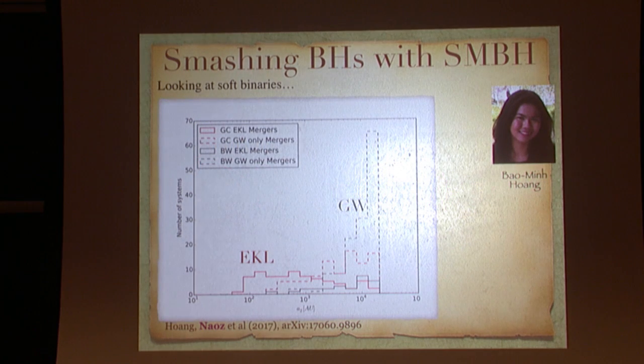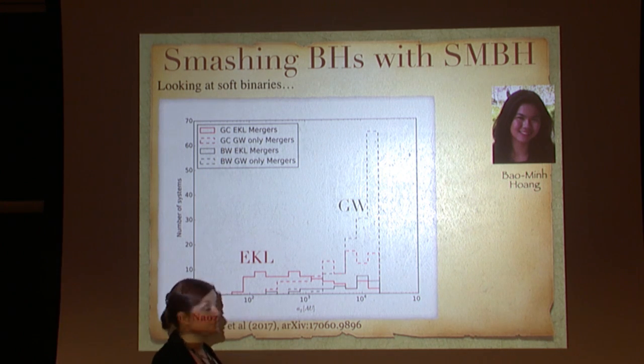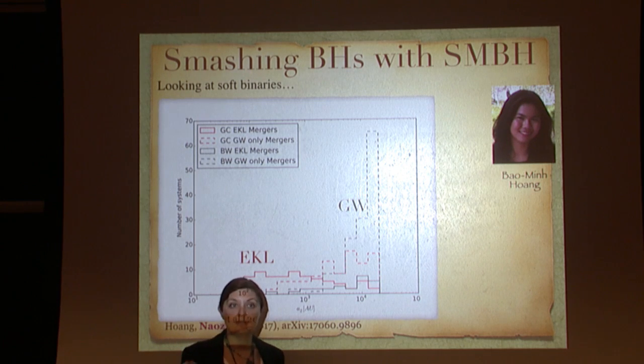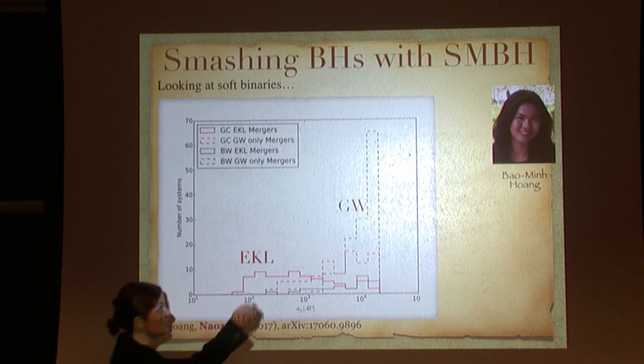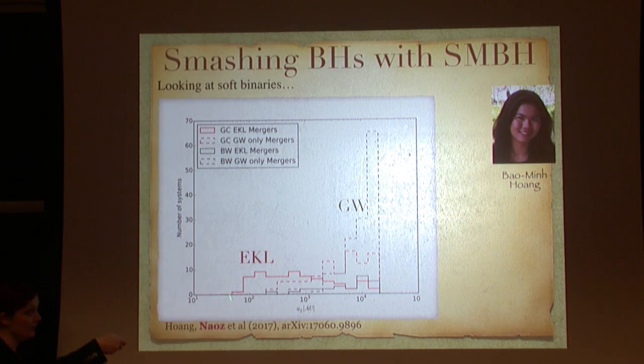And this is exactly what we get. We get two populations. One population was insensitive to the EKL mechanism and just sat there and won against the evaporation timescale. And this is this population. And another population here was very sensitive to the EKL and merged quickly.